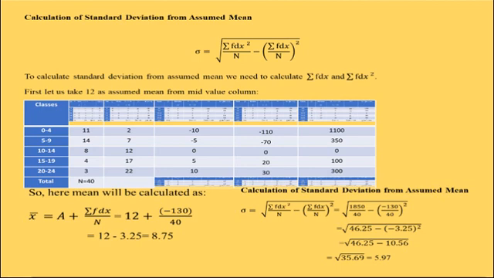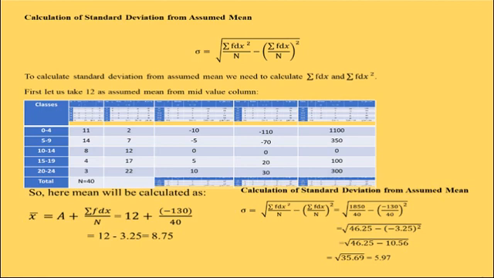Next class interval, that is 5 to 9, its mid value or x is 7. Deduct 12, which is assumed mean, from 7, we get minus 5. Multiply dx, which is minus 5, with f, which is 14 of that class interval.